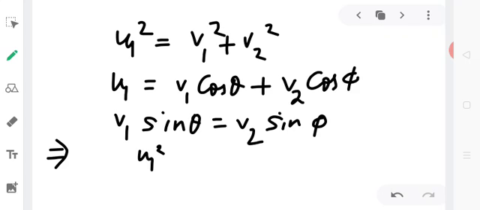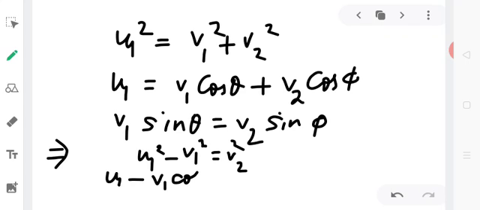Now these 3 equations can be slightly rearranged and written as u1 square minus v1 square equal to v2 square, u1 minus v1 cos of theta equal to v2 cos of phi, and obviously the third equation remains as it is.